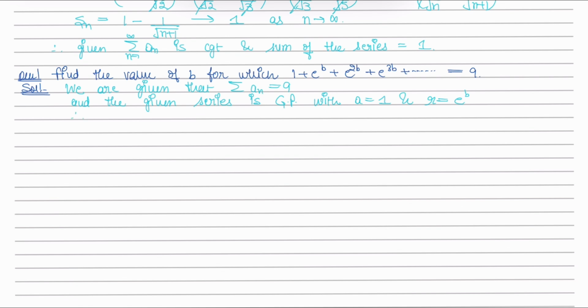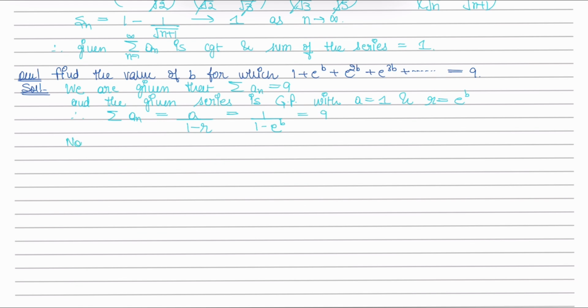Therefore, by the convergent GP series, we know that summation of an is equal to a upon 1 minus r, which is 1 upon 1 minus e to the power b, and this is given as 9.